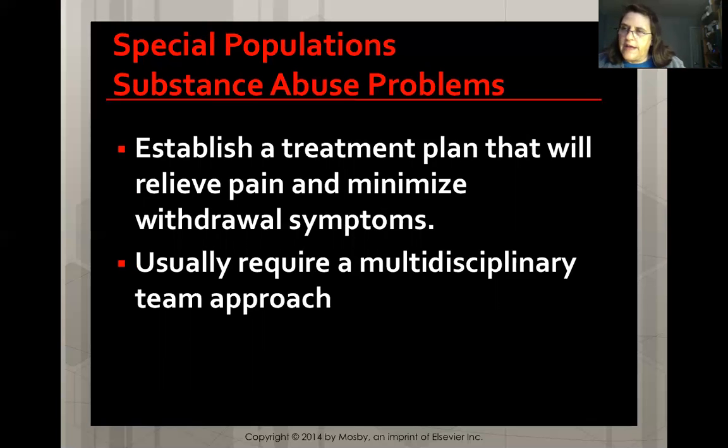We still establish a treatment plan that will relieve pain and minimize withdrawal symptoms. Usually this requires a multidisciplinary team approach. When possible, the team should include a pain management and addiction specialist.